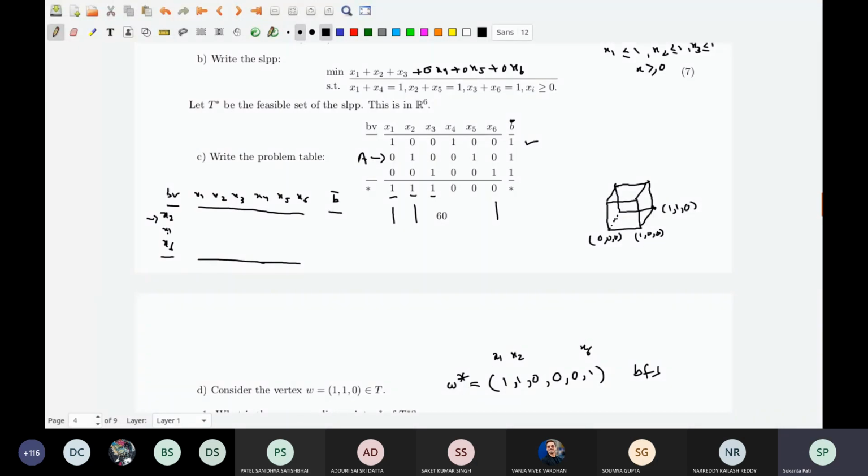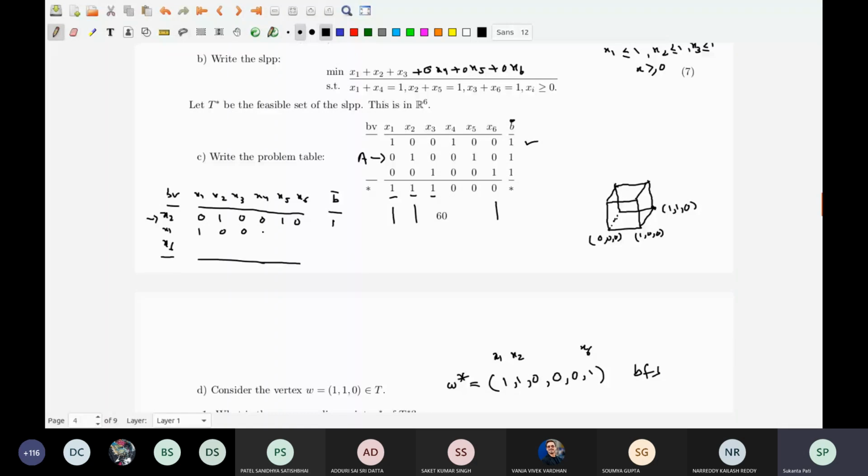I am allowed to interchange the rows, so I will interchange the first row and the second row. So then it will become 0, 1, 0, 0, 1, 0, 1, and then 1, 0, 0, 1, 0, 0, 1.